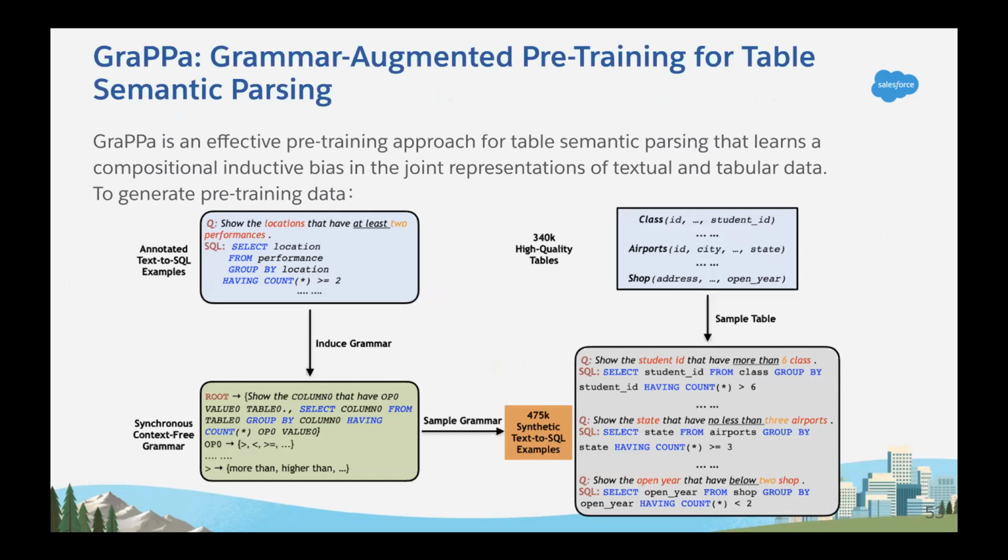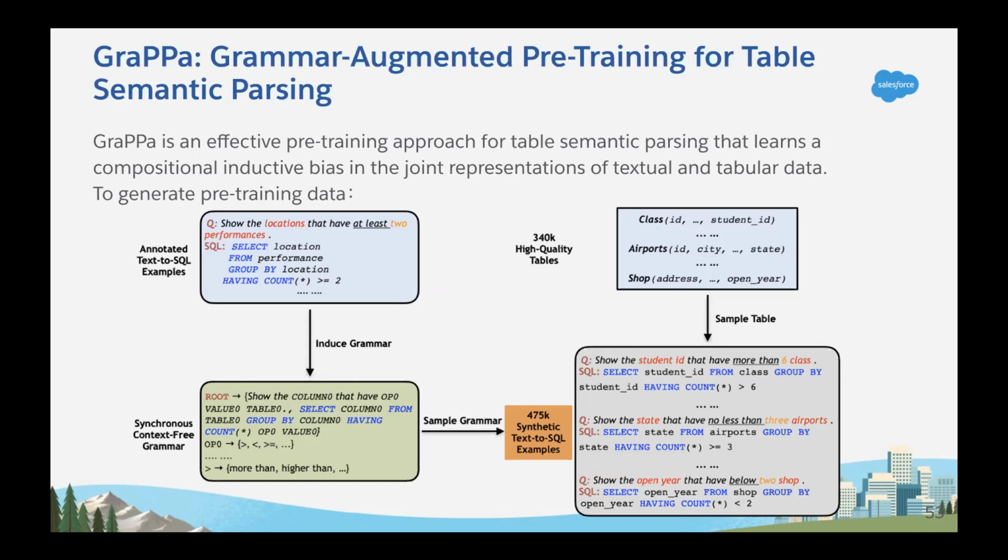So to do this, we introduce a new method called GraPPa. It's an effective pre-training approach to learn a joint representation of textual and tabular data.